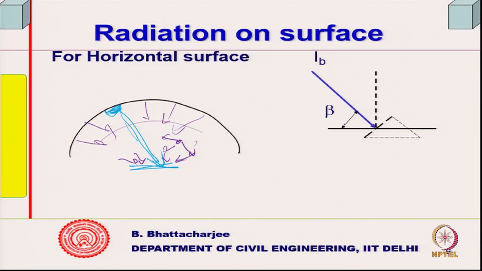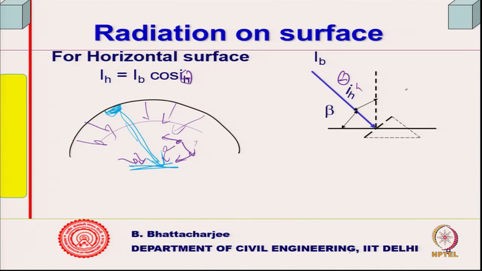This is the incident angle, and for a horizontal surface it is 90 degrees minus beta in this particular case. So, this is the incident angle, and we can denote it simply by this.